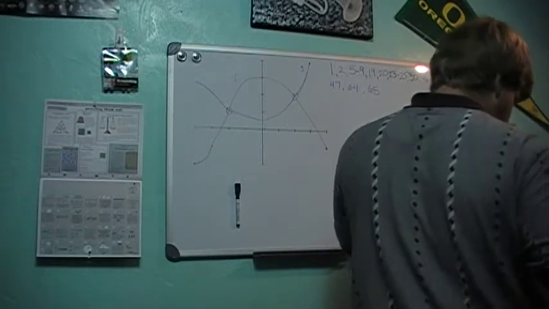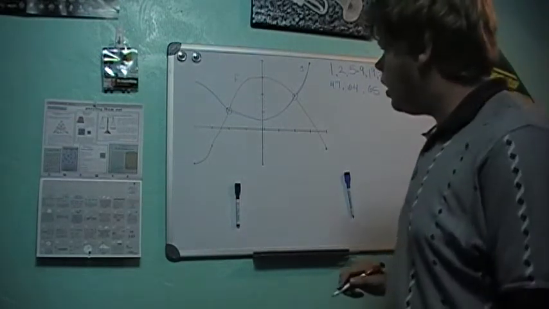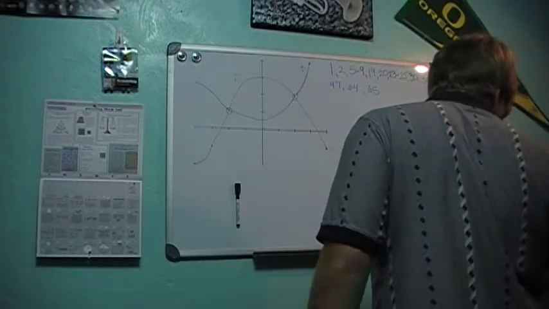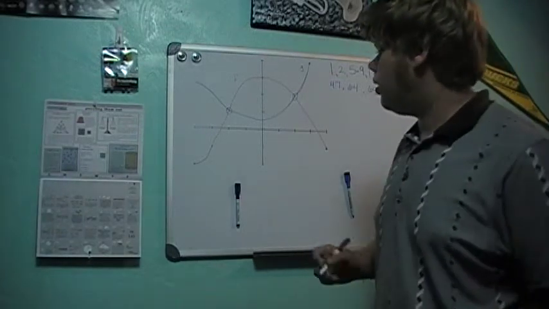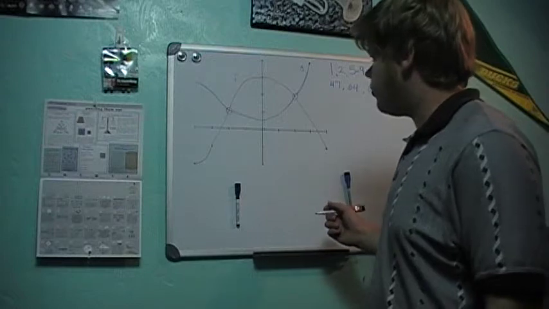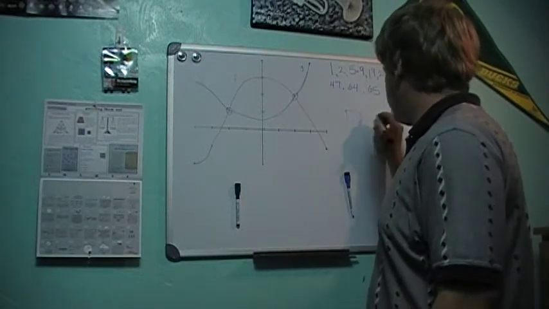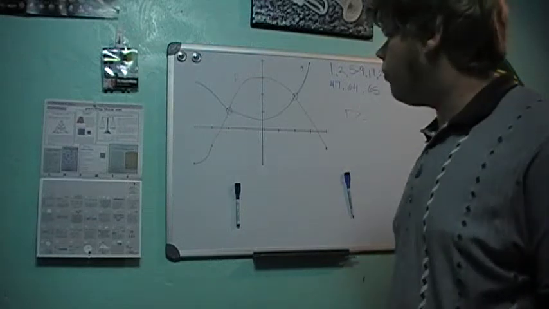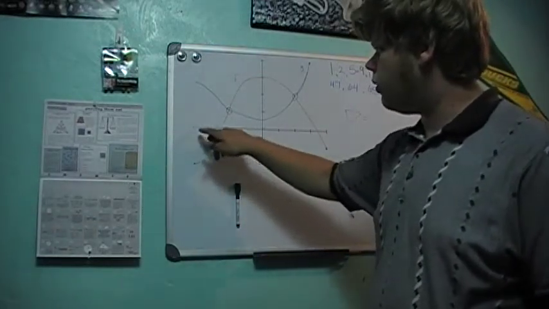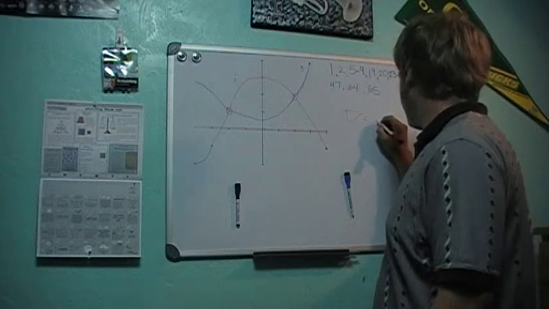2e, state the domain and range of f. I'm not going to do 2f because it's the same thing. So the domain and range of f. Let's start with domain. Domain is the x values. So how far to the left does it go? 1, 2, 3, 4. -4.